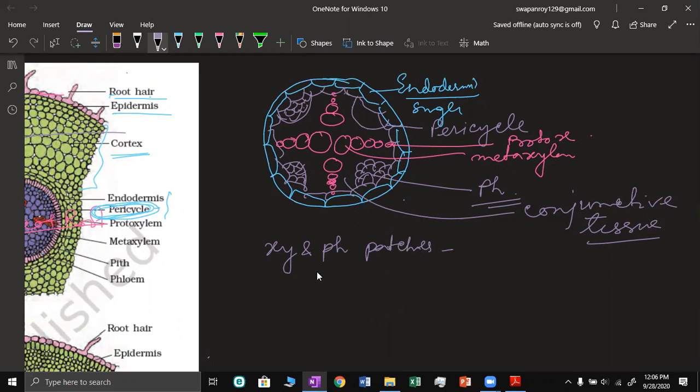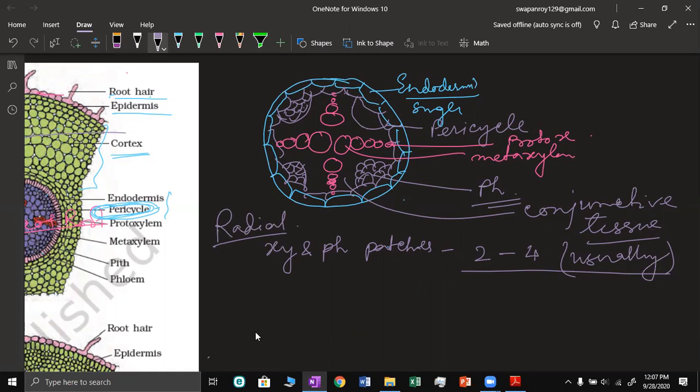That is, xylem and phloem bundles are 2 to 4 usually. And the type of vascular bundle is radial.